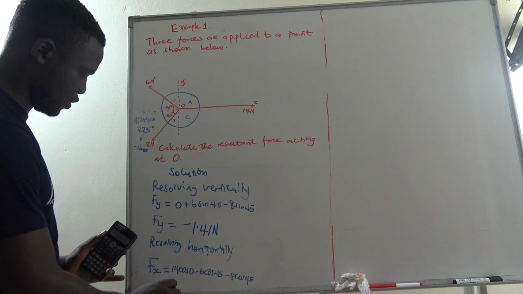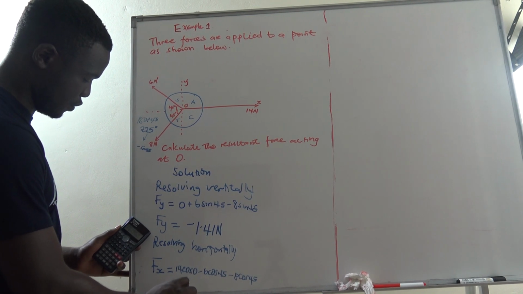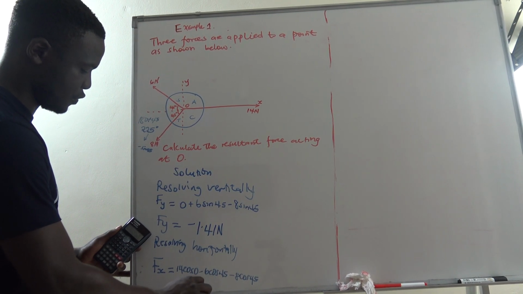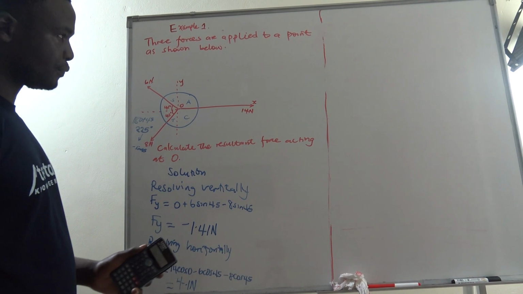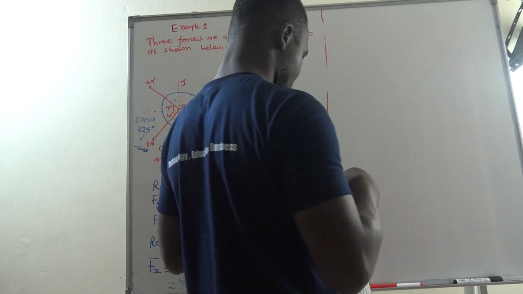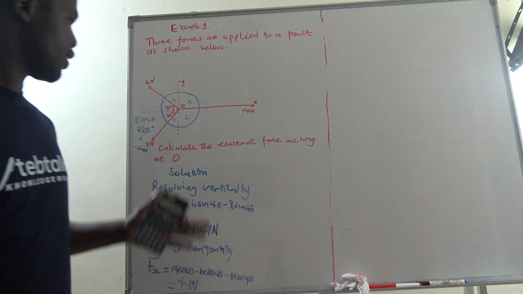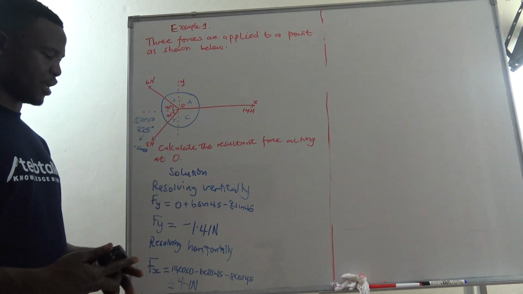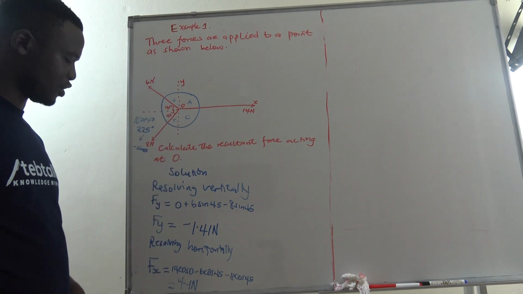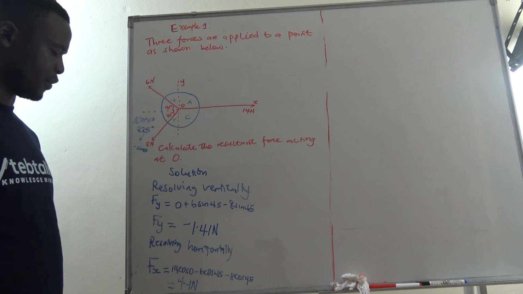This gives me my answer as 4.1 newtons. Now, you remember we said that we need to condense this diagram of ours, because we are supposed to get the two components of the force.